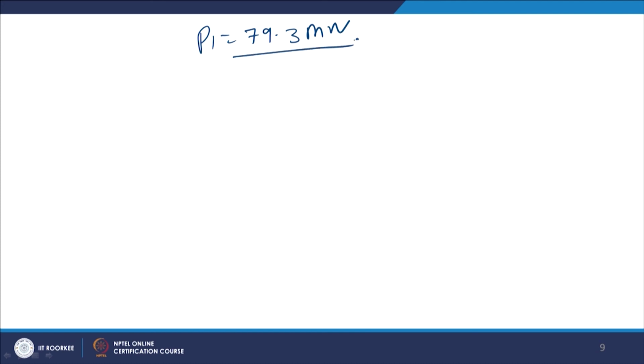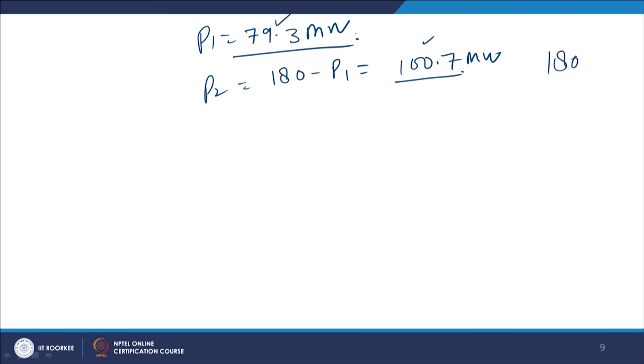Now P2 is equal to 180 minus P1, which is equal to 100.7. Sorry, this is P2, 100.7. The total is 180.